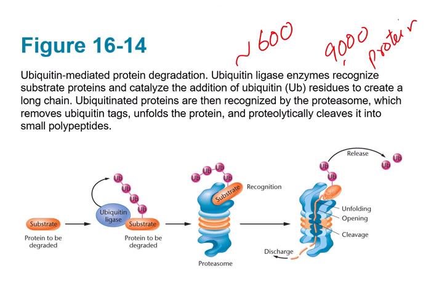Protein that needs to be degraded, so this is the substrate, that protein, and ligase adds one ubiquitin protein at a time, and it makes a long chain. So it is kind of a polyubiquitinated protein. That polyubiquitin tail or chain is identified by the proteasome. Proteasome is a large complex protein.